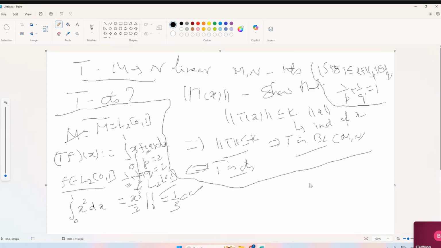That is finite. Therefore, this function x is in L2[0,1]. Clear? So this is f, this is in L2, this is in L2, and therefore T f(x) exists. Correct?